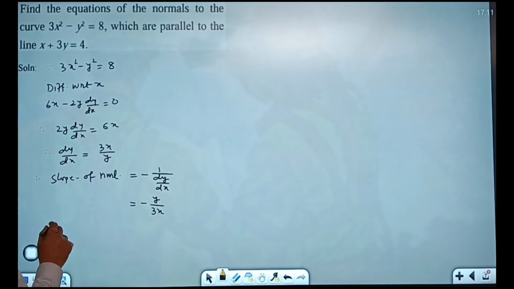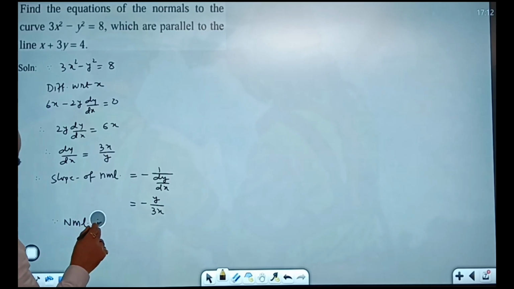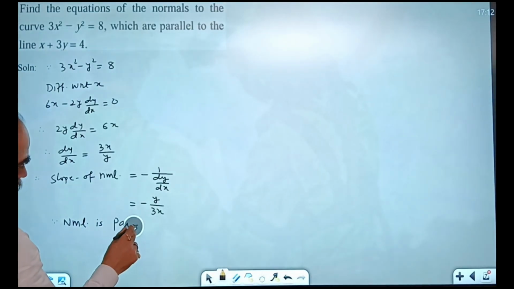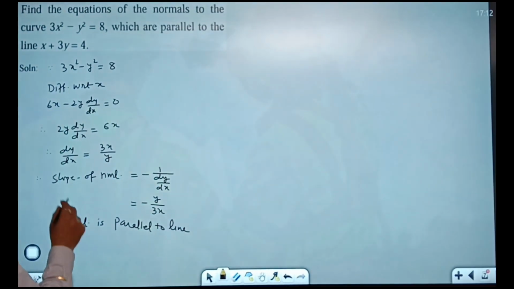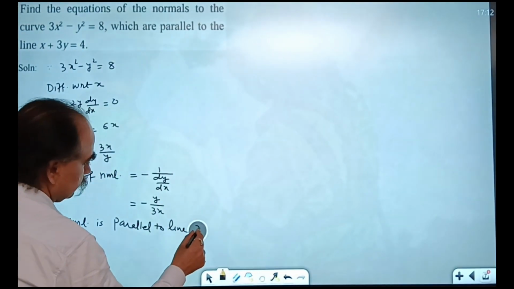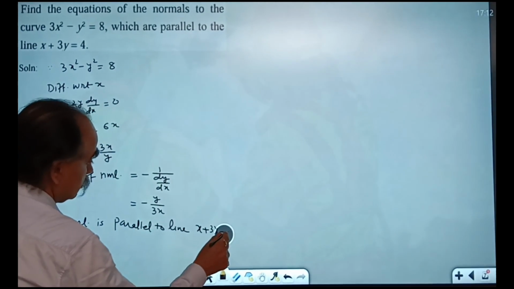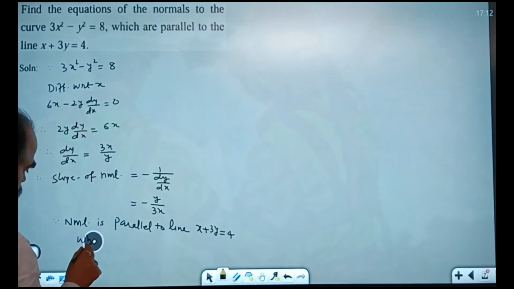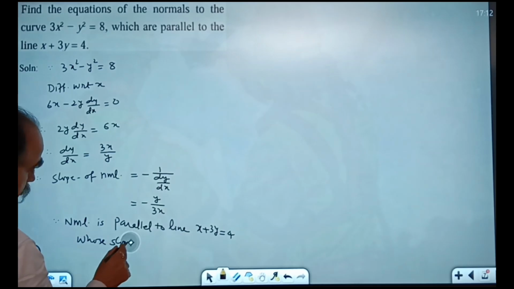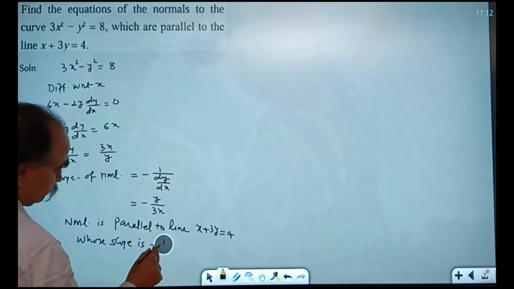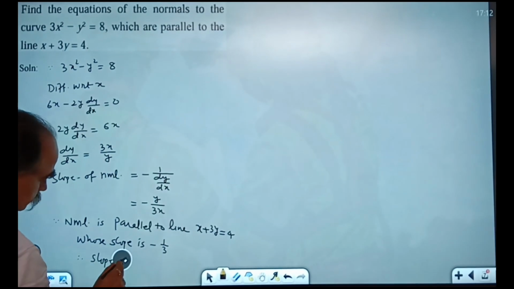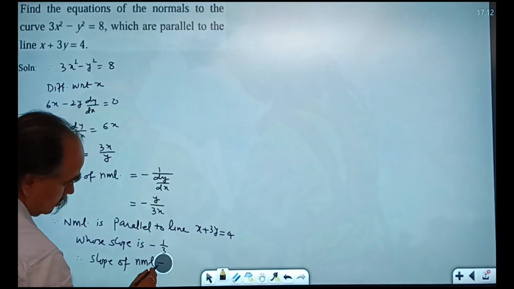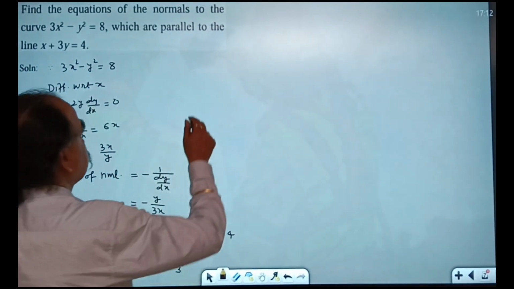Since normal is parallel to the line x plus 3y is equal to 4, whose slope is minus 1 upon 3, slope of normal is minus 1 upon 3.